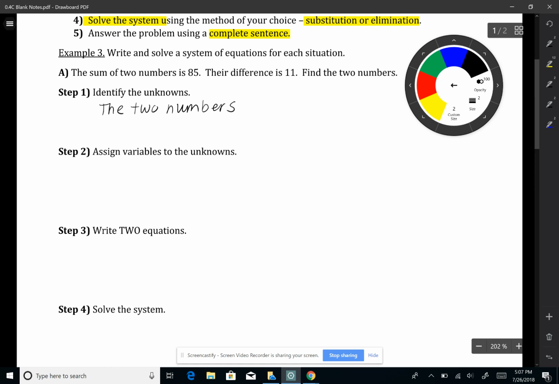So we need to assign variables to these 2 numbers. Now, these don't have really any descriptors other than that they're numbers. So I'm just going to use x and y. I'm going to say x equals our first number, and y equals our second number.